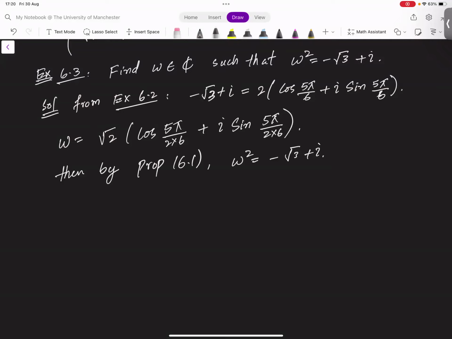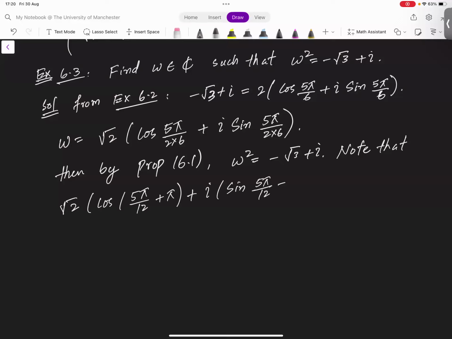Note that under root 2 cos 5 pi over 12 plus pi plus iota sine 5 pi over 12 plus pi works equally well.